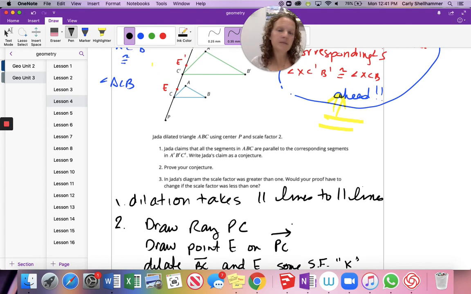So points E prime and C prime will both be on ray PC by the definition of dilation.